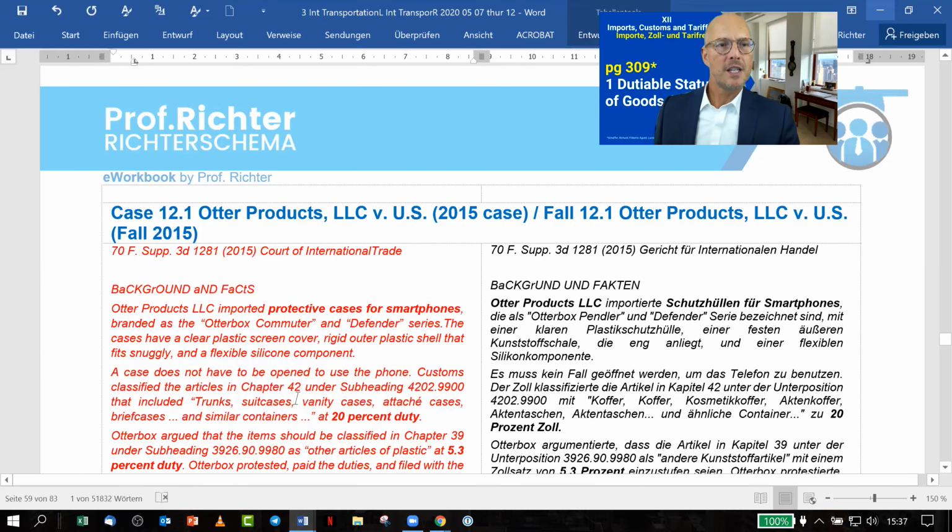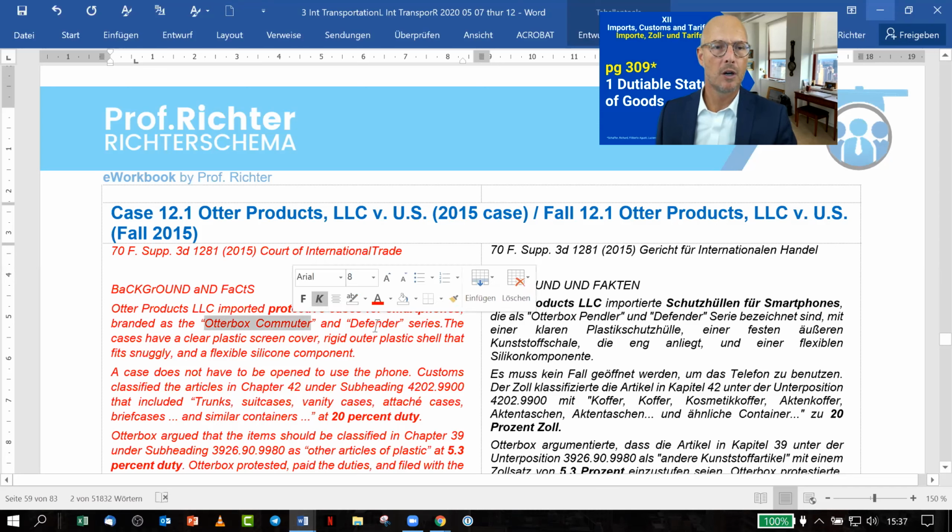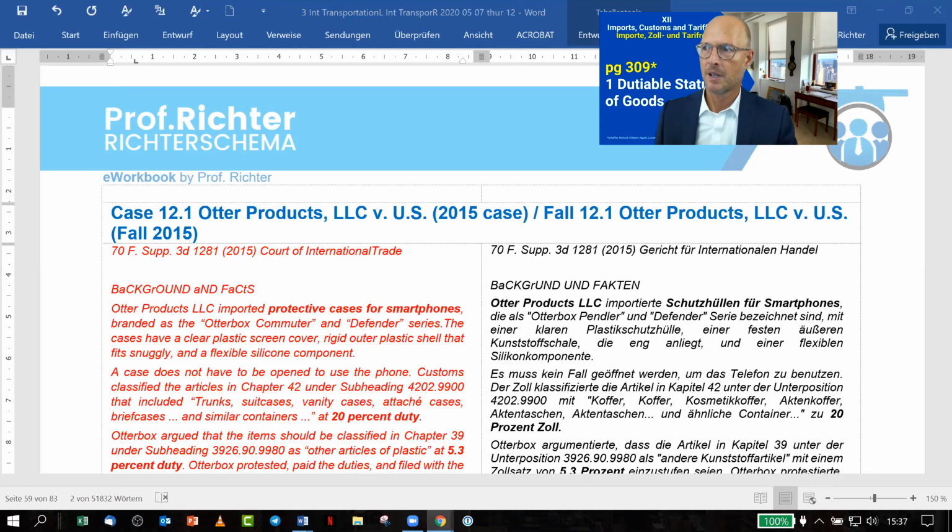Yeah, and in this first case about auto products, the goods they have to classify are cases for smartphones. And they were branded as the OtterBox Commuter or Defender. And these products do really exist if you look them up on the internet, OtterBox.